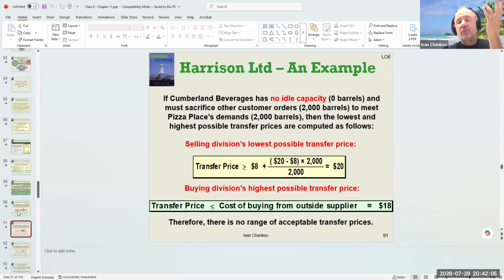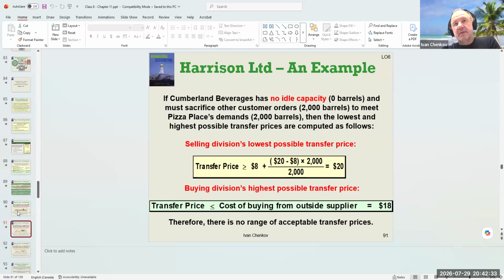The second scenario is when the selling division, the ginger beer division, doesn't have capacity. If they don't have the capacity, that means the cost is still going to be $8. That's the variable cost. But also, they're going to lose the contribution margin on the entire transfer of the units.